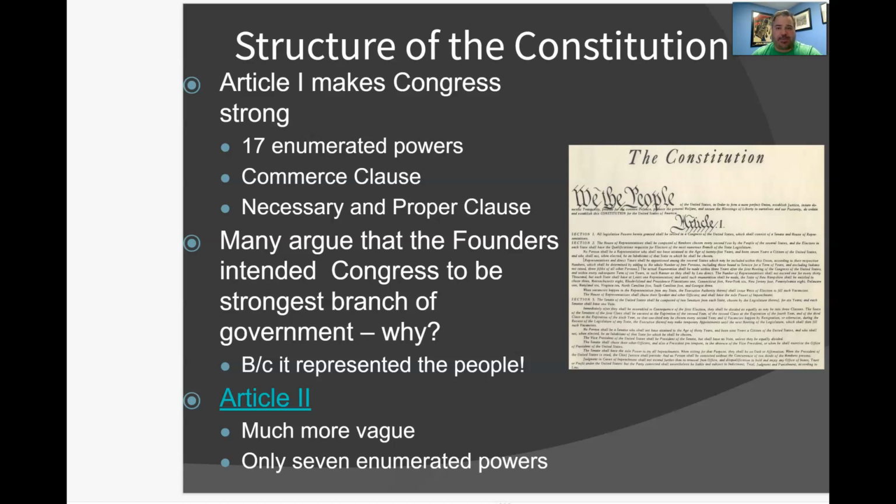Finally, the necessary and proper clause, this elastic clause, gives Congress the ability to do whatever is necessary and proper to implement these enumerated powers that they have, these express powers. So if Congress wants to create an Internal Revenue Service, the Constitution doesn't say it can, but the Constitution says that Congress can lay and collect taxes, and that, coupled with the power to do whatever is necessary and proper to lay and collect taxes, justifies its creation of the Internal Revenue Service.